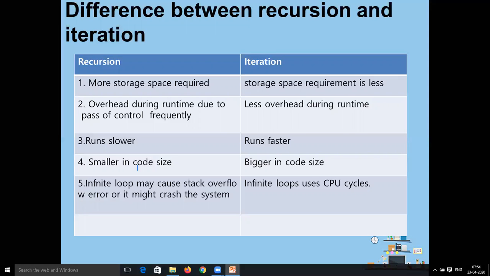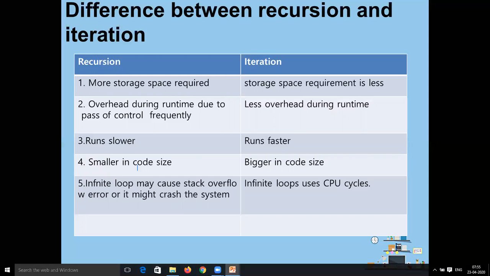And in case of recursion, the size of code will of course be small, but in case of iteration it may be complex or bigger in size. In case of recursion, an infinite loop may cause a stack overflow, meaning infinite calling of the function may cause a stack overflow error, or it might crash the system also. In case of iteration, infinite loops use CPU cycles. We can stop this by killing our code.